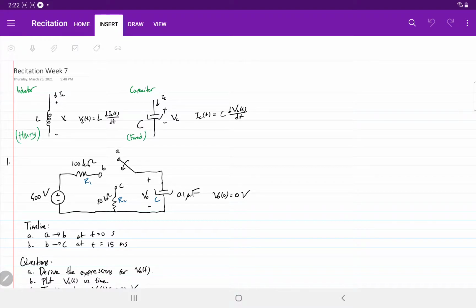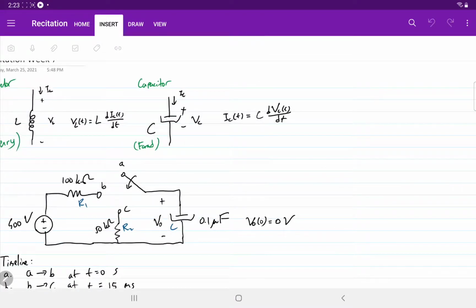Since the current across an inductor cannot change instantaneously, the voltage across the inductor will appear when the current is changing. If the current is steady state, or the rate of change of the current is zero, then there's no voltage across the inductor. That's why the voltage across the inductor is given as L times di over dt.